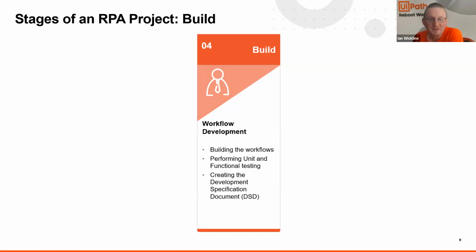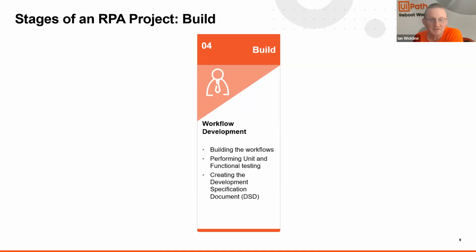The DSD, as it's typically stated for short, serves as a comprehensive reference for developers, the testers, and other stakeholders involved in the automation solution. Trying to really bring clarity, consistency, and documentation of the actual developed workflows, to facilitate easier maintenance, troubleshooting, and obviously future enhancements later on down the road.